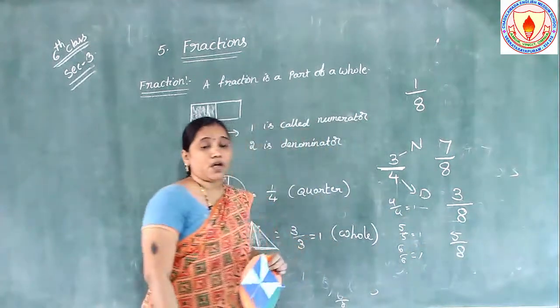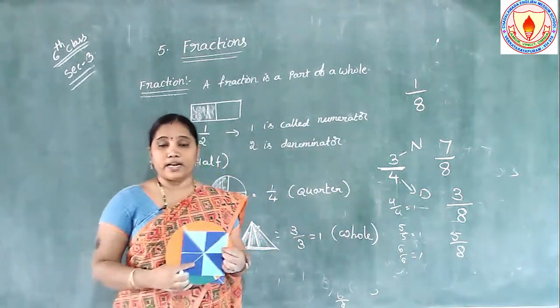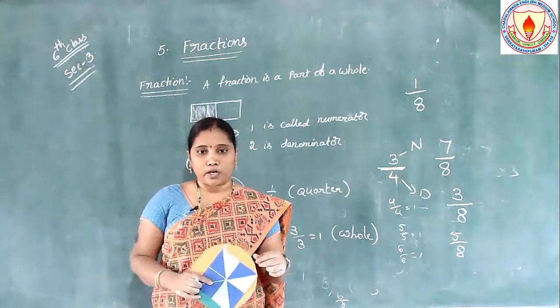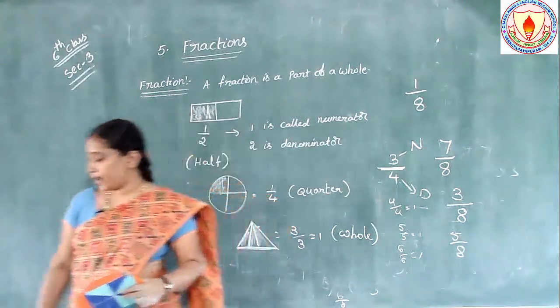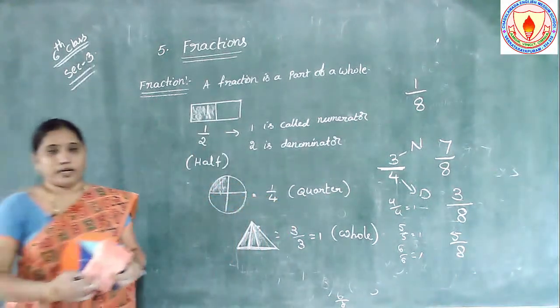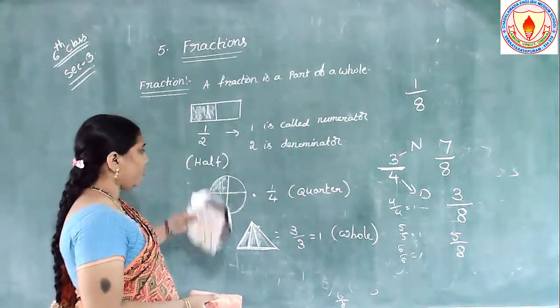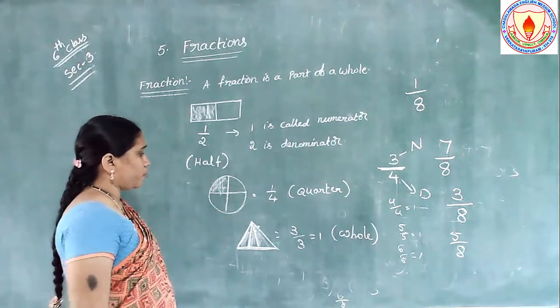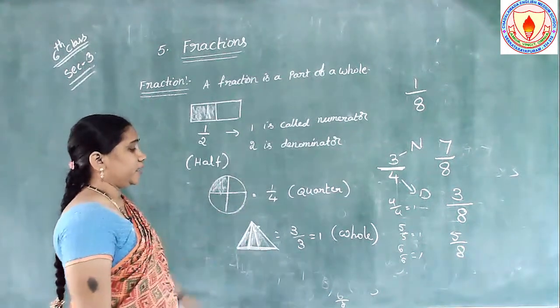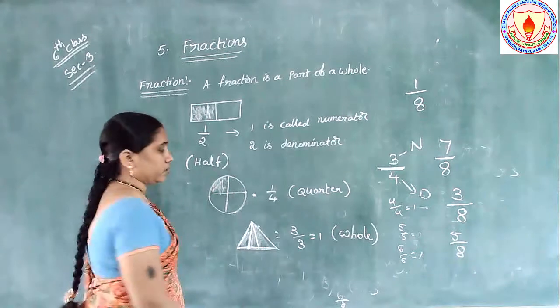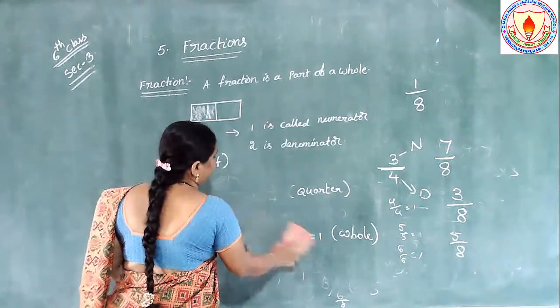In this way we can identify and write the fraction values. There are two parts, numerator and denominator. So 1/2 means half, 1/4 means quarter, and 3/3 means a whole. These are about fractions.